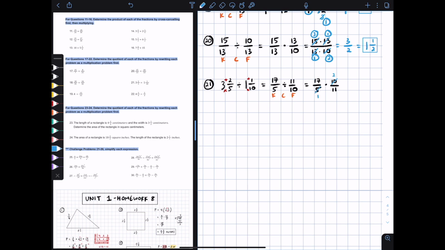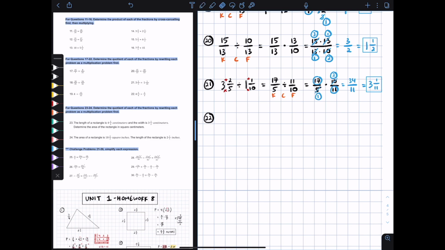So then if we multiply our leftover values here, 17 times 2 is going to be equal to 34. And then 1 times 11 here is going to be 11. And so 11 goes into 34 3 times with 1 left over. All right, that's 33, and then with 1 left over. So here's 21, okay? Here's 22.